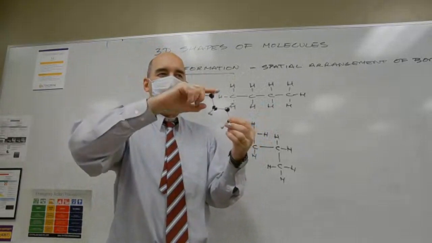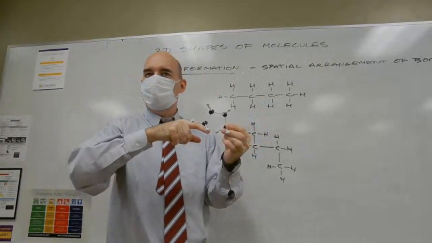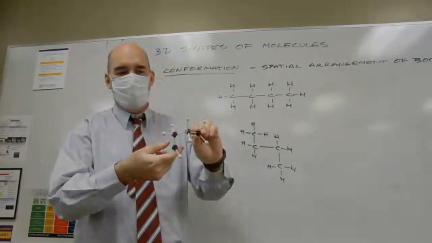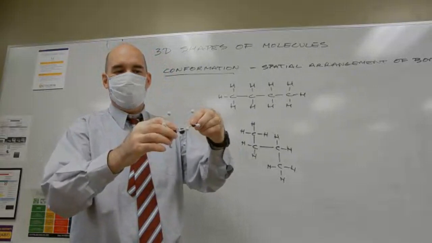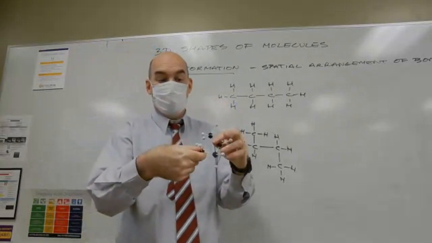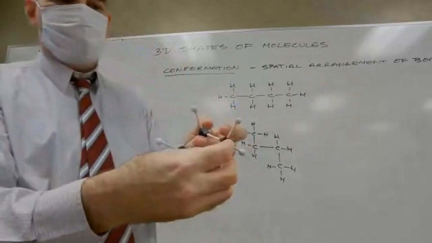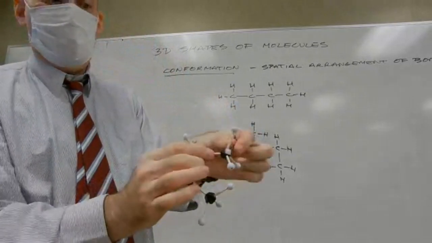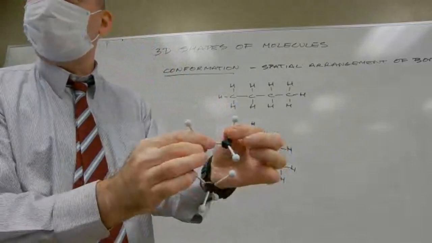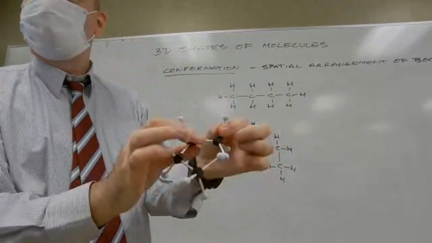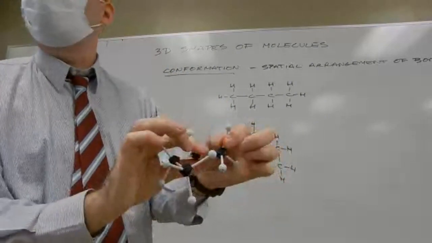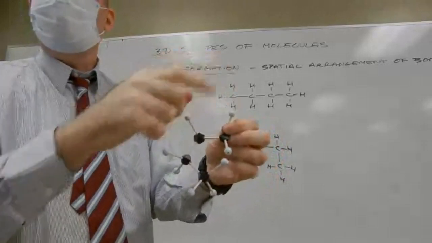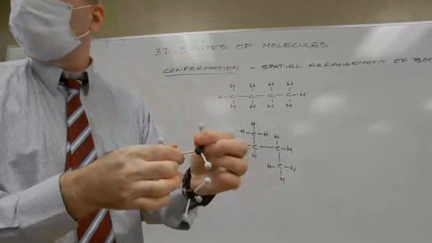Conformations arise out of rotation. That's something that's not on the board yet, but now that we've made a molecule out of it, we can kind of see that. This is an isolated carbon to hydrogen bond right here. If I rotate that bond, it has no consequence whatsoever. None at all, because that's a little sphere. And when you rotate a sphere, you get a sphere.